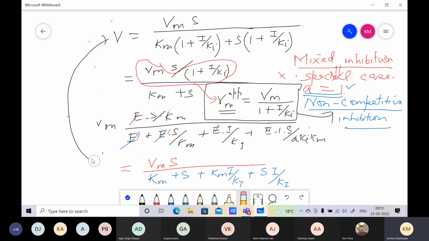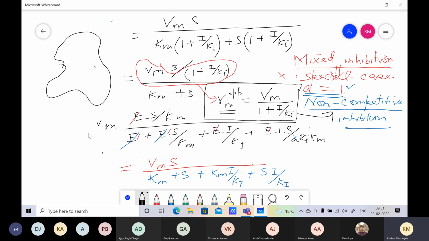This is the enzyme, this is the substrate, and this is the inhibitor. It binds here, it binds here. I should have drawn it properly. So this is non-competitive.